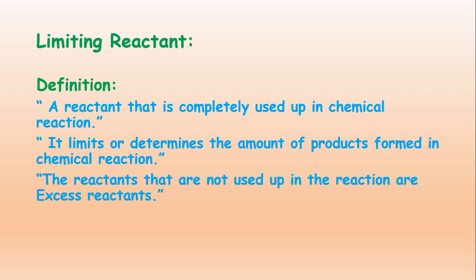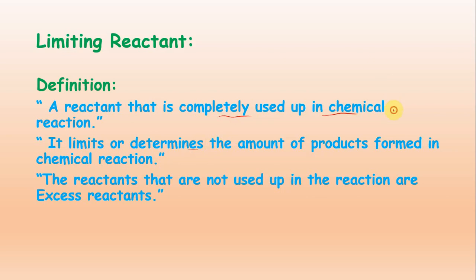So first of all, what do you mean by the limiting reactant? How will you define it? A reactant that is completely used up in a chemical reaction is called the limiting reactant. In other words, it limits or determines the amount of the products formed in the reaction.